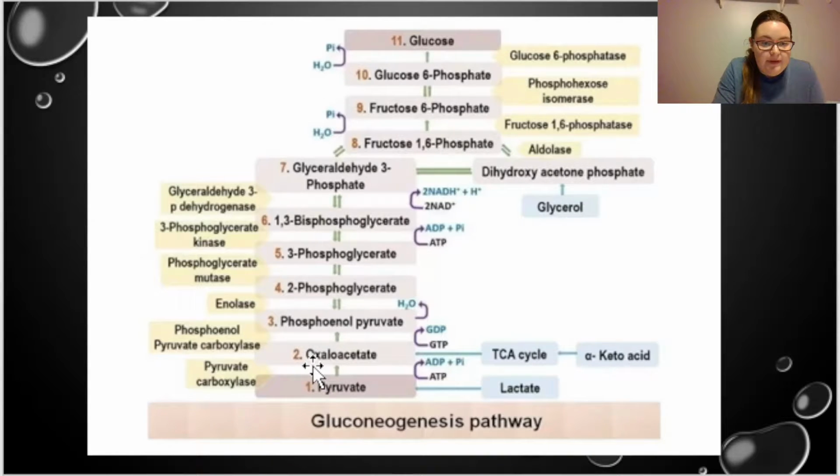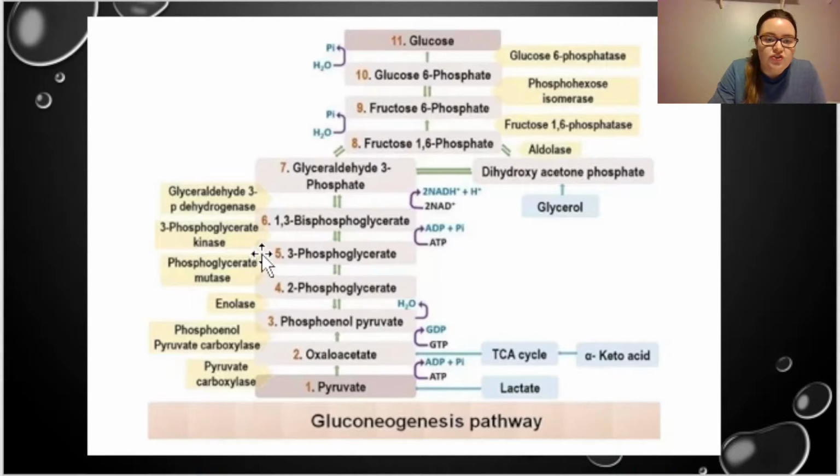We form oxaloacetate first, and then, like I said before, this is the exact opposite of glycolysis, because after the 2nd step we form PEP, phosphoenolpyruvate, just like we did in glycolysis. Then an enzyme-catalyzed reaction makes 2-phosphoglycerate, again just like in glycolysis.